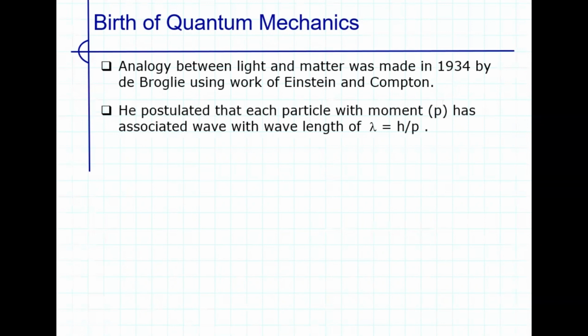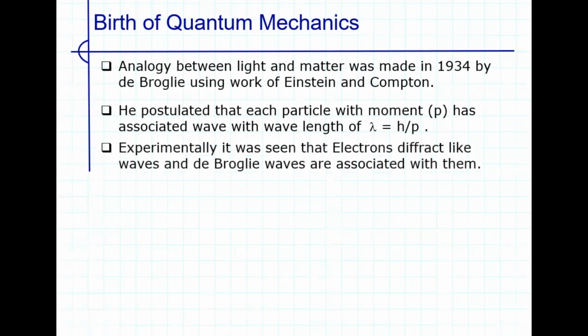De Broglie extended the early ideas about light waves having particle nature. He postulated that each particle with a momentum p will have an associated wave of wavelength lambda, which is equal to h divided by p, where h is the Planck's constant and p is the momentum.